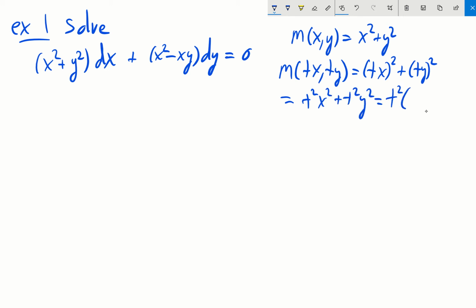Pull out your t squared, and we get t squared times (x squared plus y squared), and this was equal to the original function M of x comma y.